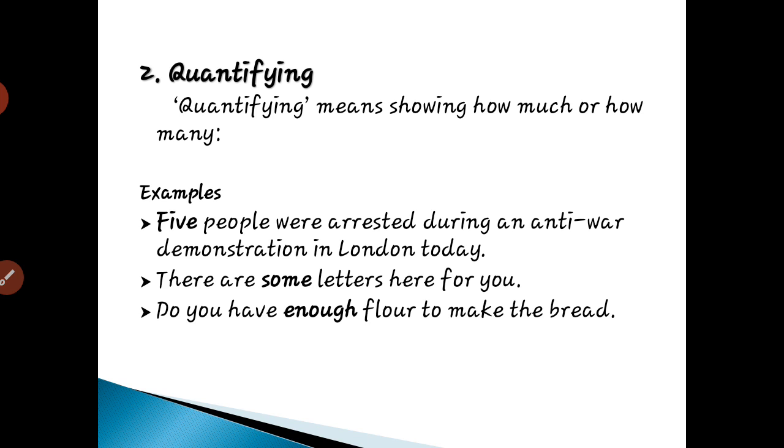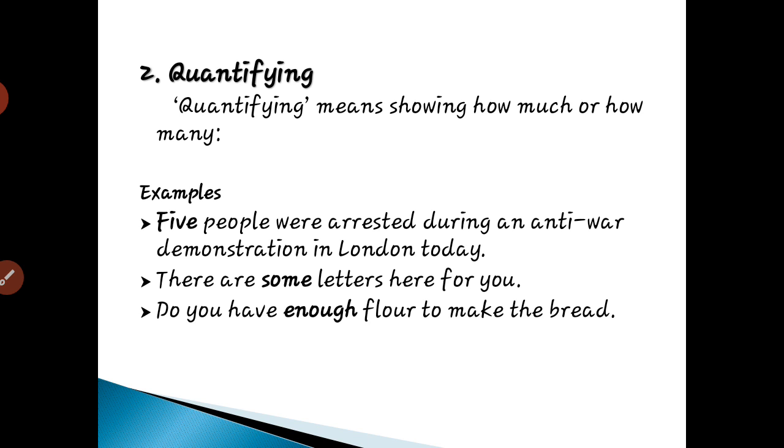When we are referring to non-specific things where the number is very small, we use the word some. So here we don't know the exact number of letters, but we know it is a small number. As it is also referring to the quantity, we use some as a determiner. So in this second sentence, some is a determiner.